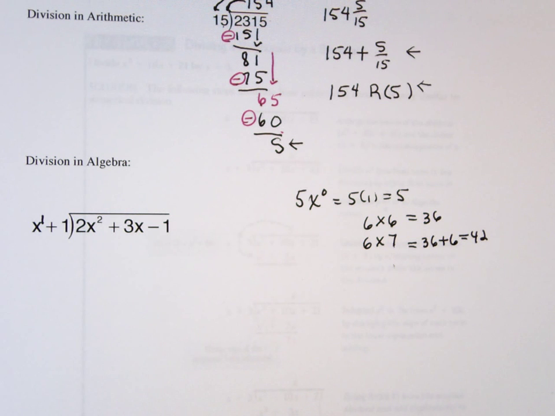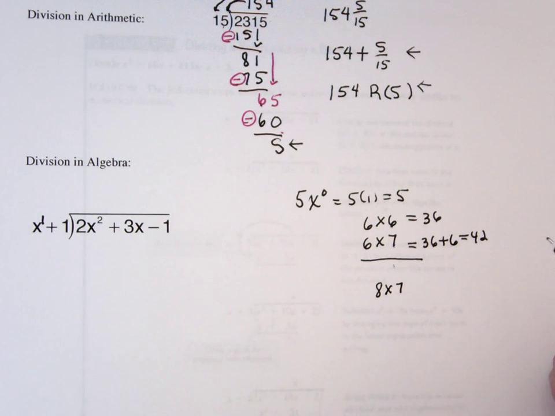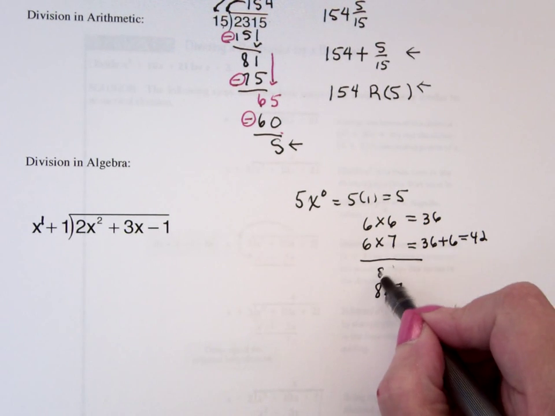56 is 8 times 7. But what could I remember? 8 times 8 is 64, but that's too big. If I'm looking to find 8 times 7, could I remember what 8 times 6 was?